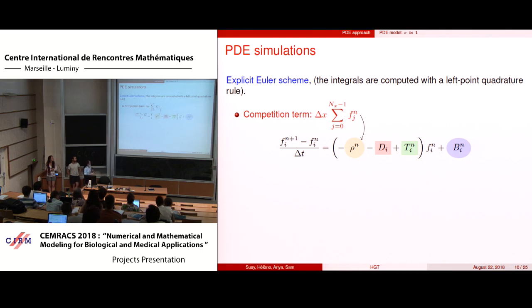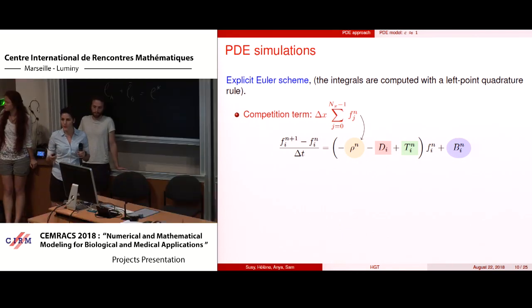For our PDE simulation, we are first interested in comparing whether we have the same kind of behavior as for the stochastic model, keeping the same kind of parameters. For that, we implemented an explicit Euler scheme, in which the integral terms in the model are simulated by left-point quadratures.